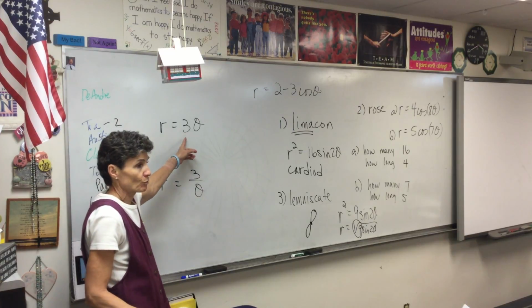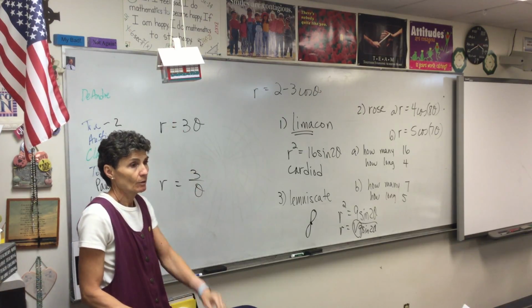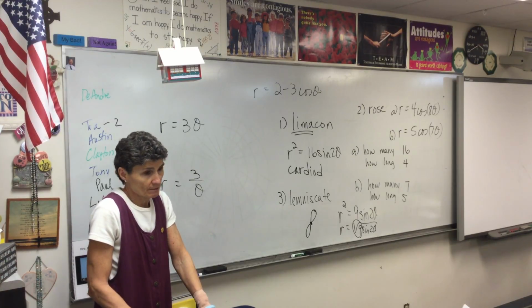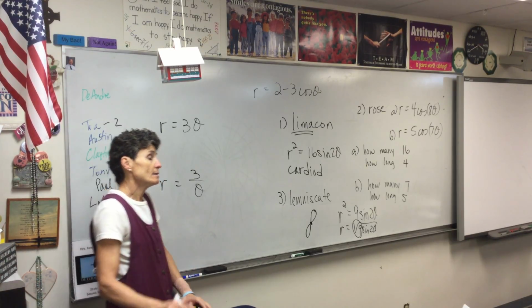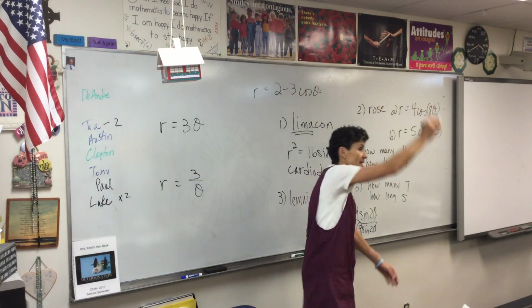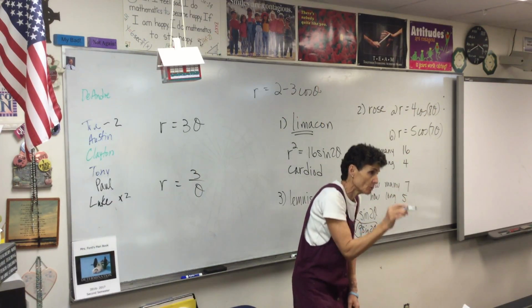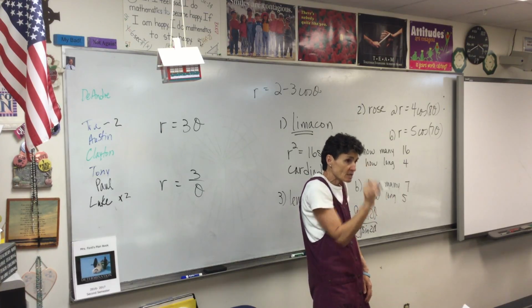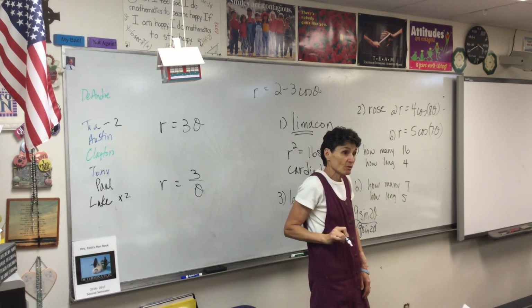And that doesn't have to be a 3, that can be any number. What is the difference between these 2 spirals? One starts out here and spins in closer and closer. And one starts in here and spins out farther and farther.